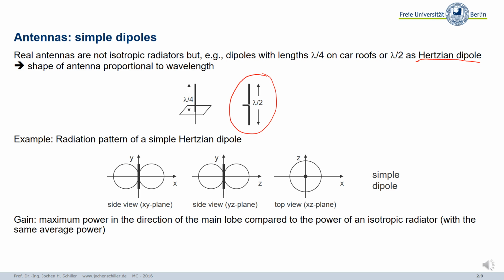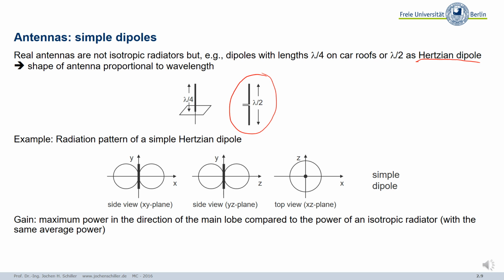And the ideal size of the antenna, what does ideal mean? That's the best dimension, the best shape for the antenna to emit as much energy as possible, is exactly when the length of this antenna is lambda half, so half the wavelength.